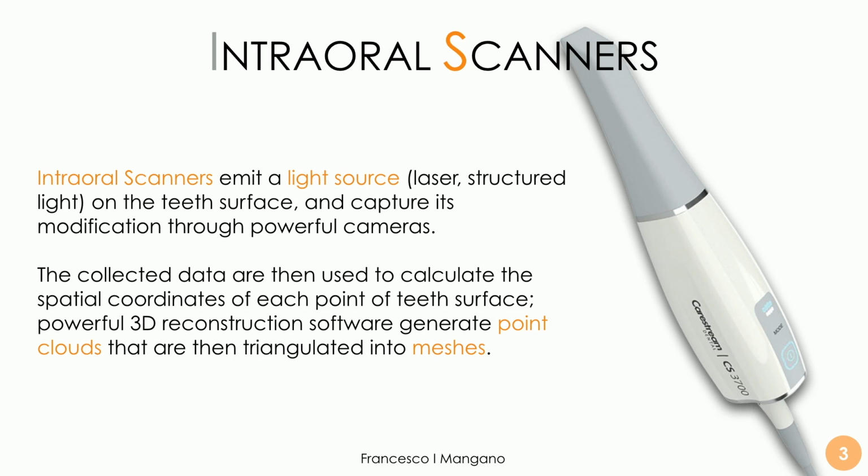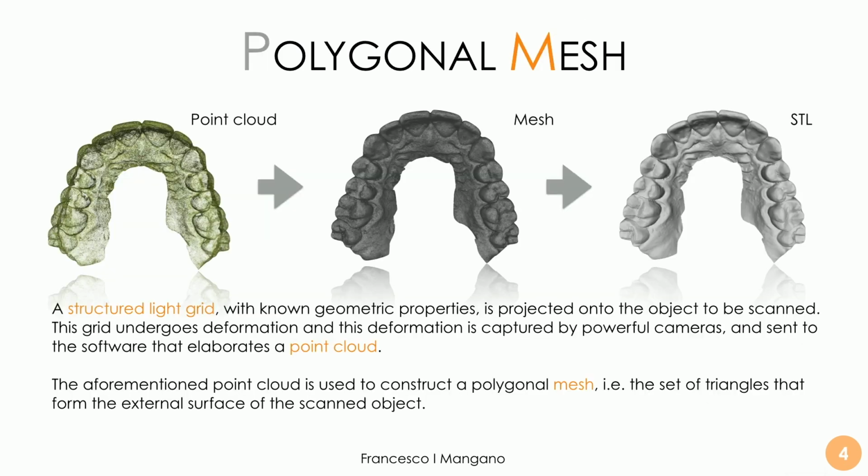The collected data are then used to calculate the spatial coordinates of each point of the teeth surface, and powerful 3D reconstruction software generates point clouds that are then triangulated into meshes. So what we obtain is a mesh. As we can see here, we have a point cloud, and then it's triangulated, interpolated into a polygonal mesh, and then we have our standard tessellation language file, the STL.